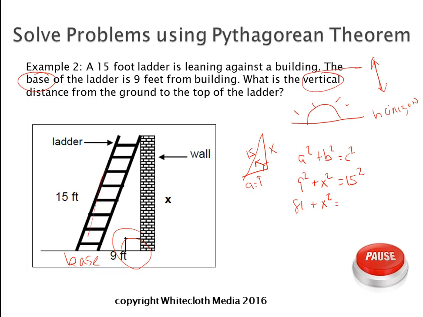and 15 squared I think is, I forgot what 15 squared is. 15 squared, yep, 225. I'm trying to get x squared by itself, so I'm going to subtract 81 from both sides.